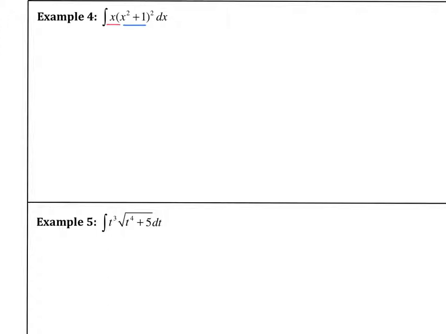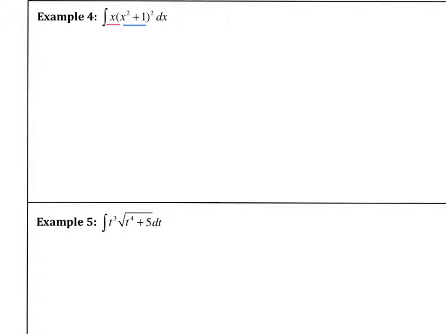The solution here is that it doesn't matter. The derivative of x squared plus 1 is 2x. We have x. That's a difference of a scalar multiple, a 2 versus a 1, and we know that apparently in calculus, scalar multiples are not a big deal.